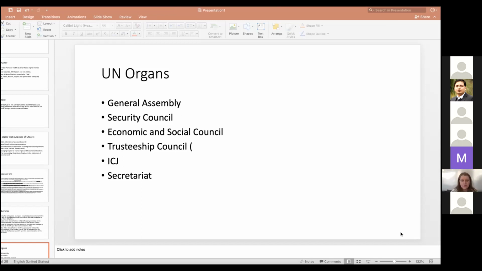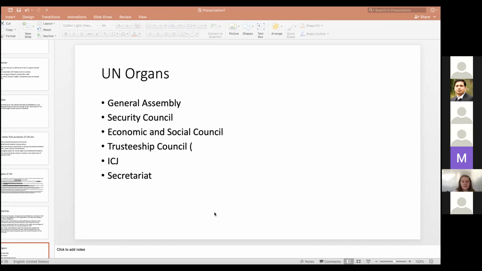It was established in order to supervise the trust territories, created after the end of the Second World War. With the independence of Palau, the last remaining trust territory, on 1st October 1994, the council suspended operation.